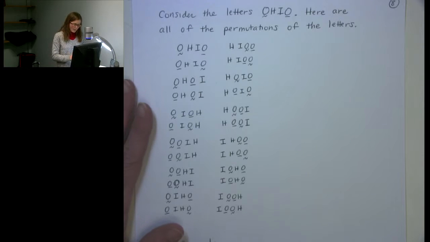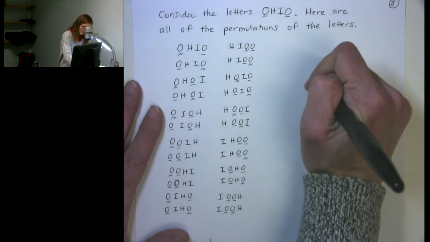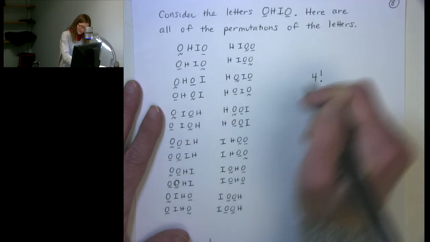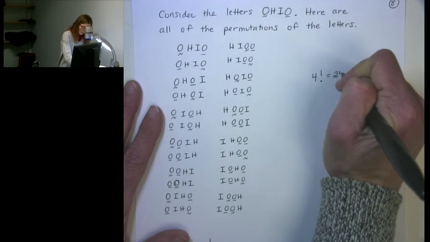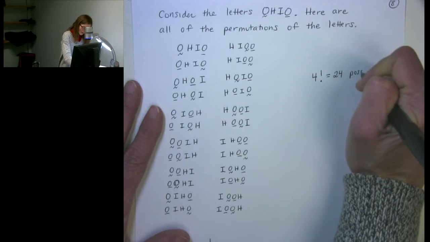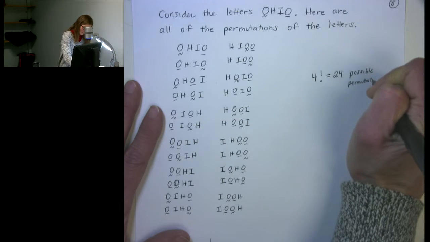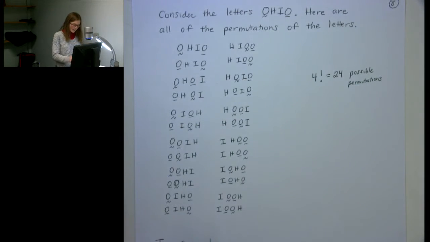I'm permuting the 4 letters into 4 places. So I have 4 factorial equals 24 possible permutations of the letters. And I can see here are my 24 possible permutations of the letters.